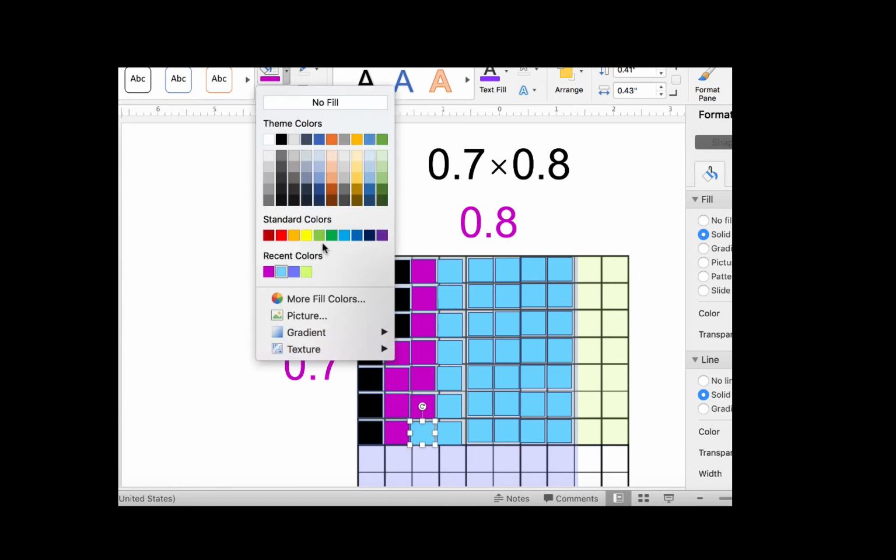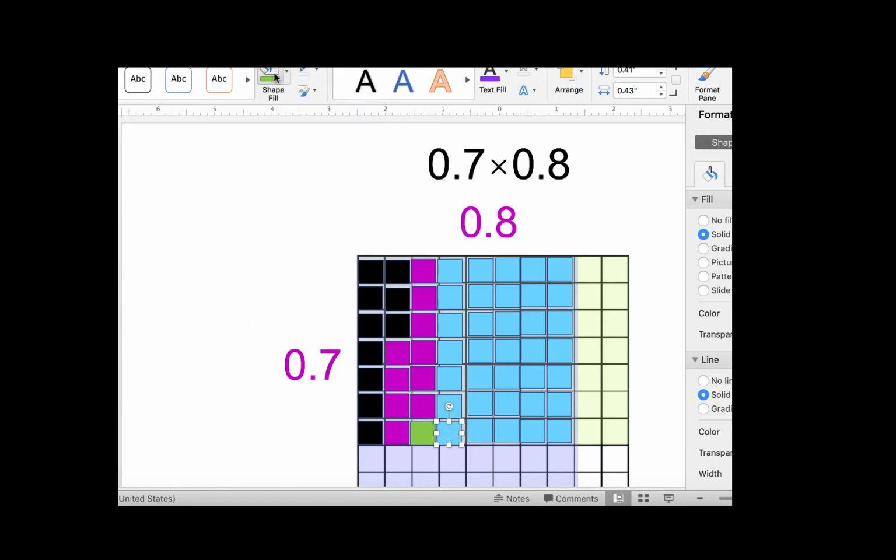Let's see if we can make another. So we have 1, 2, 3, 4, 5, 6, 7, 8, 9, 10. So that's another 10 1/100ths, so that would be 1/10, another rod.